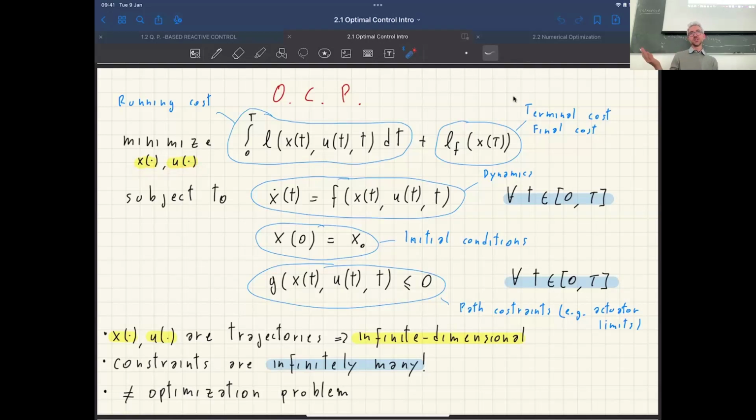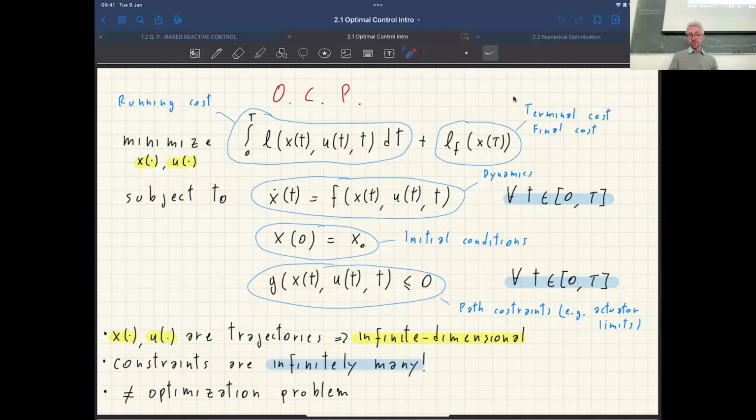And since it's a function, you cannot represent an arbitrary function with a finite amount of numbers. So there is no finite dimensional parameterization for representing a function. So this is not equivalent to a standard optimization problem where your decision variables are vectors which have a finite dimension. This is an infinite dimensional decision variable you're working with. And that's a first issue.